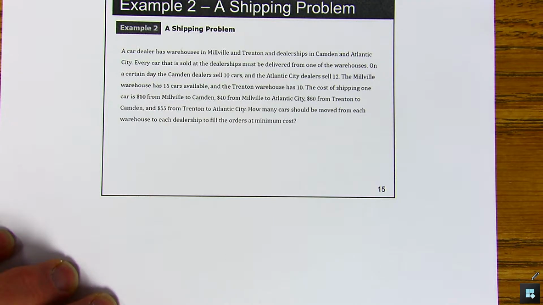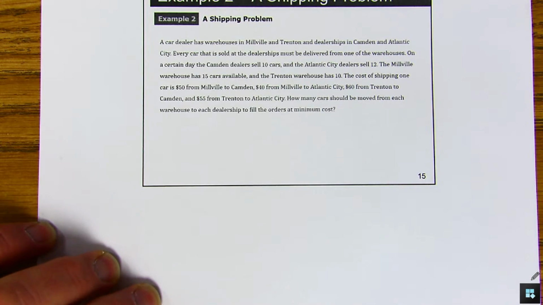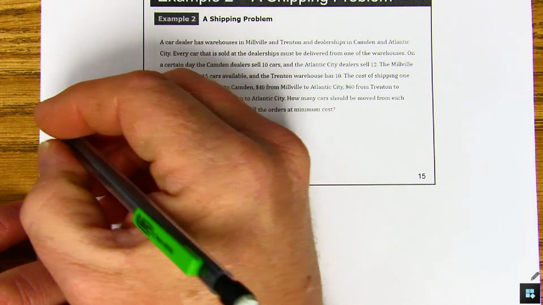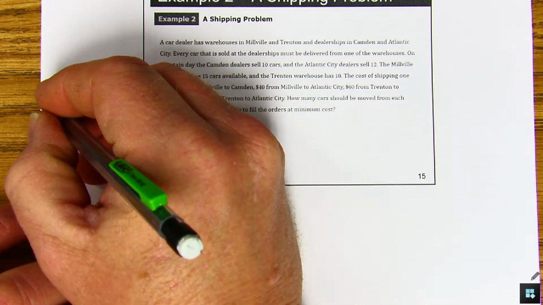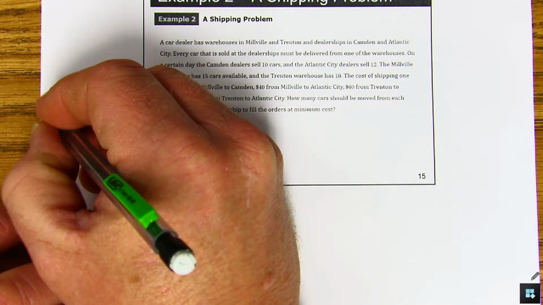Okay, a lot of stuff going on in this problem. Sometimes when there's a lot going on, it might be beneficial to make a little diagram. So I'm just going to make a little diagram right here, and let's see if we can make sense of some of the stuff that's going on. So we have this warehouse in Millville that has 15 cars.